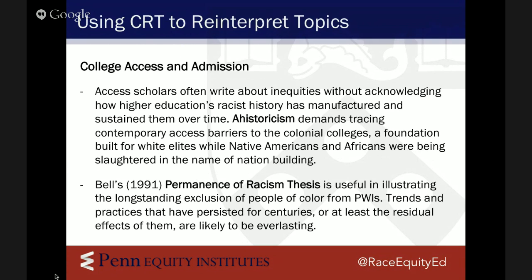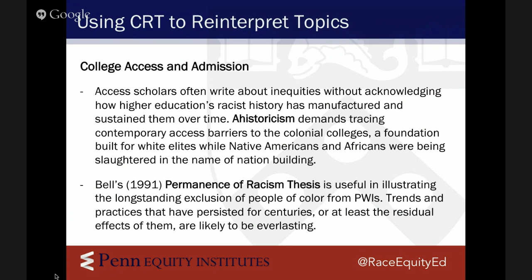So in some ways, the inequities are written about in a real-time way. Here's what's going on now that is blocking access to various opportunities in higher ed, without thinking back to, well, wait, these things didn't just start. They are a byproduct of these racist policies and practices that have long governed institutions of higher education.